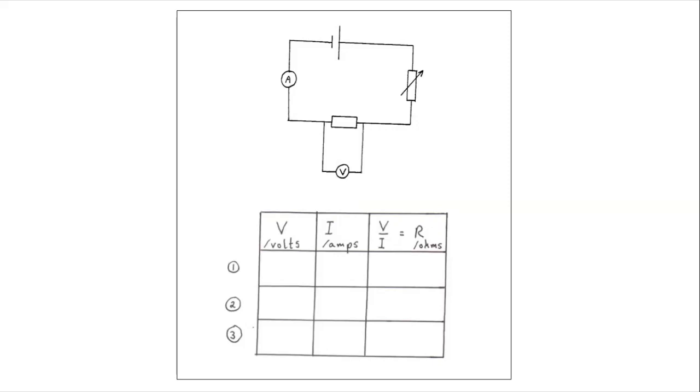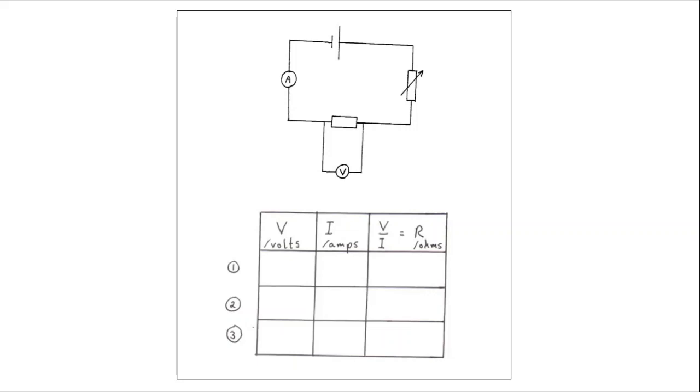Ammeters are always in series, and we've got a resistor there in the middle, and on the right hand side we've got a variable resistor. This is one of those things that you've probably come across in class with a slidey contact.